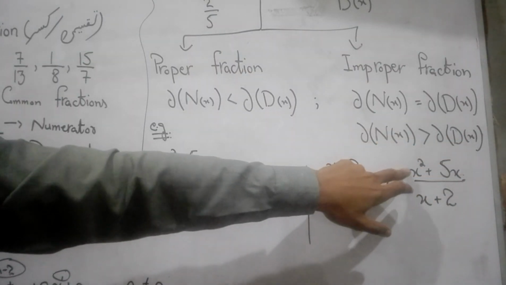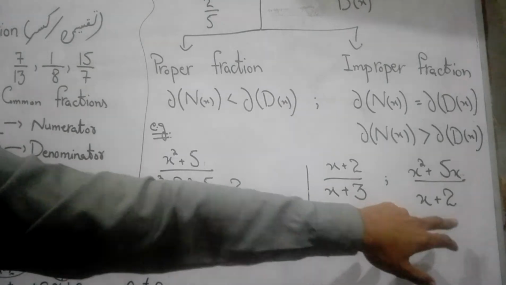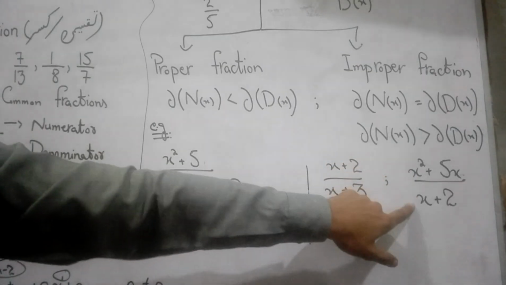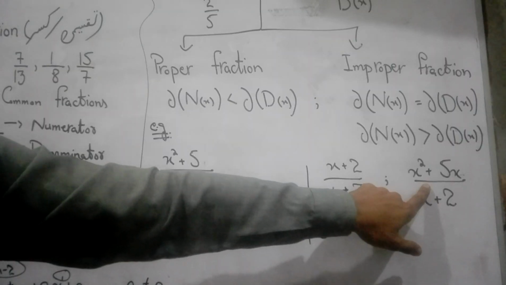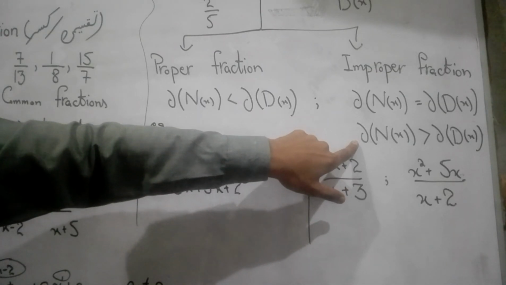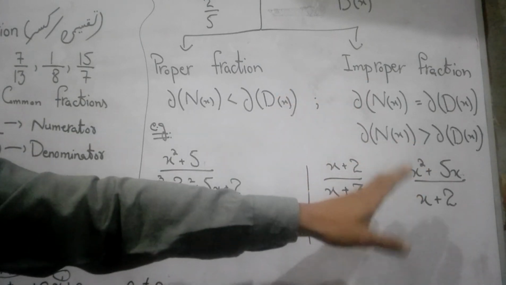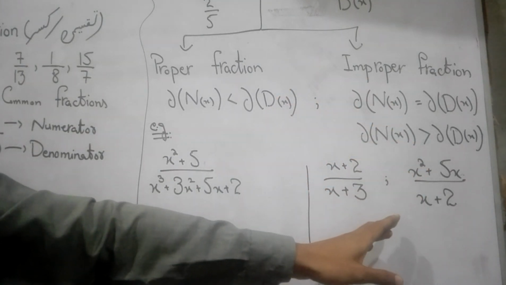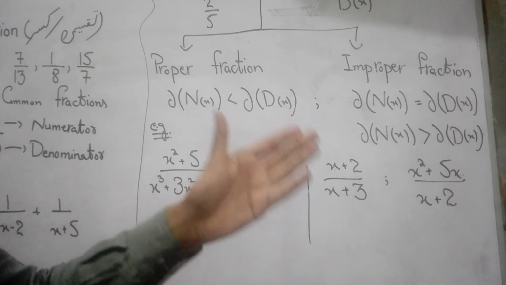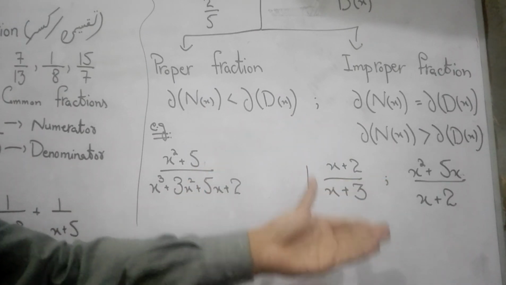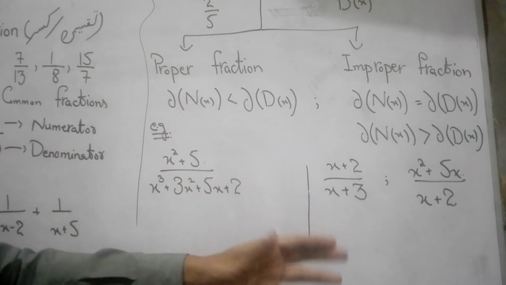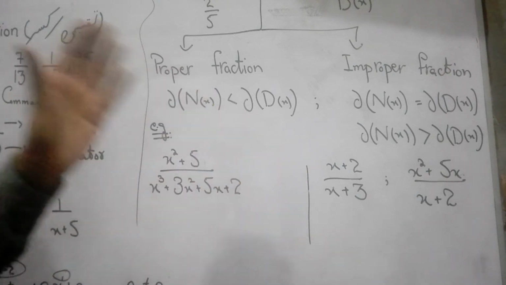For example, x square plus 5x over x plus 2: here the degree of the numerator is 2, while the degree of the denominator is 1, which satisfies the second condition of an improper fraction. We cannot solve this question directly. First of all, we have to change it into a proper fraction by division, and then we will solve it through partial fractions.